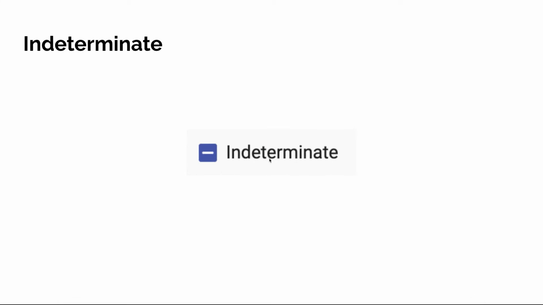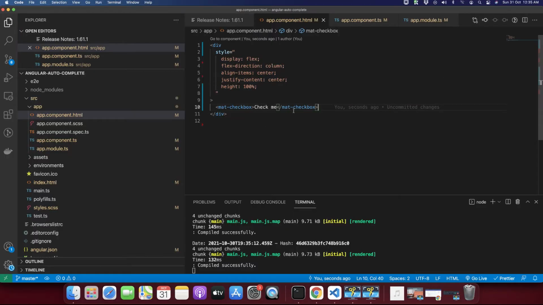Next, I will show you how to add the indeterminate mode like this. For that, come here and add a directive. The name of the directive is indeterminate, and here you have to pass true to activate the indeterminate mode.